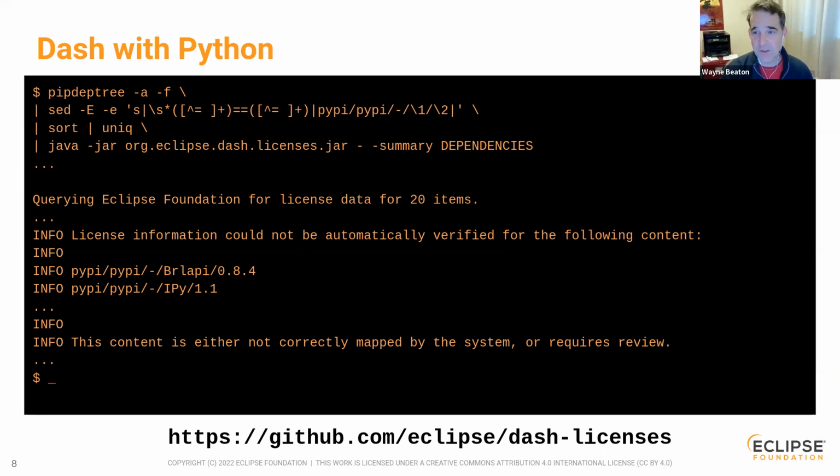We pipe that through a couple of Linux command line tools, sed being the primary one, to convert it into a form that we can use. Then we sort and uniquify that list. For some reason, I like doing sort and unique separately, but you can make fun of me if you'd like. And then we pipe that through the Dash license tool. In this case, we found some Python dependencies that we had not encountered previously, and this would be an example where we would potentially create reviews to have the IP team look at them.